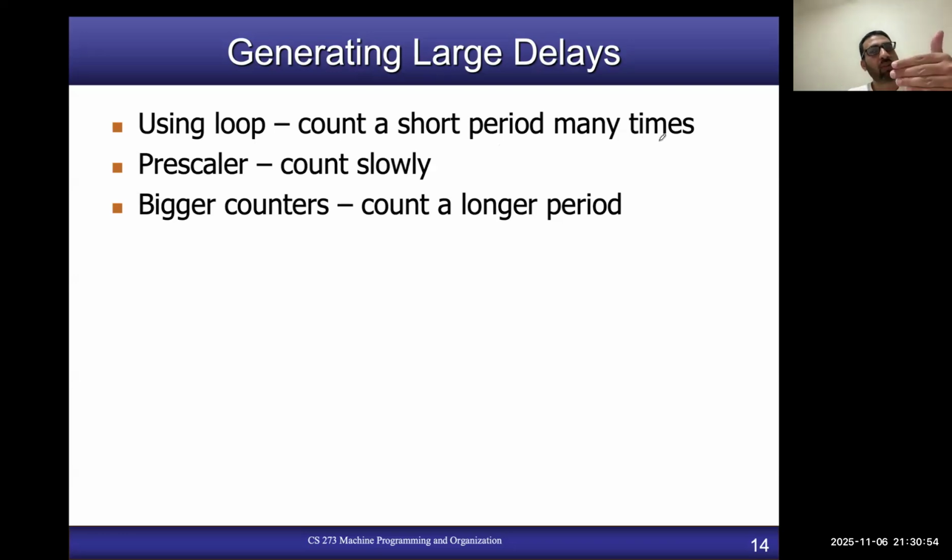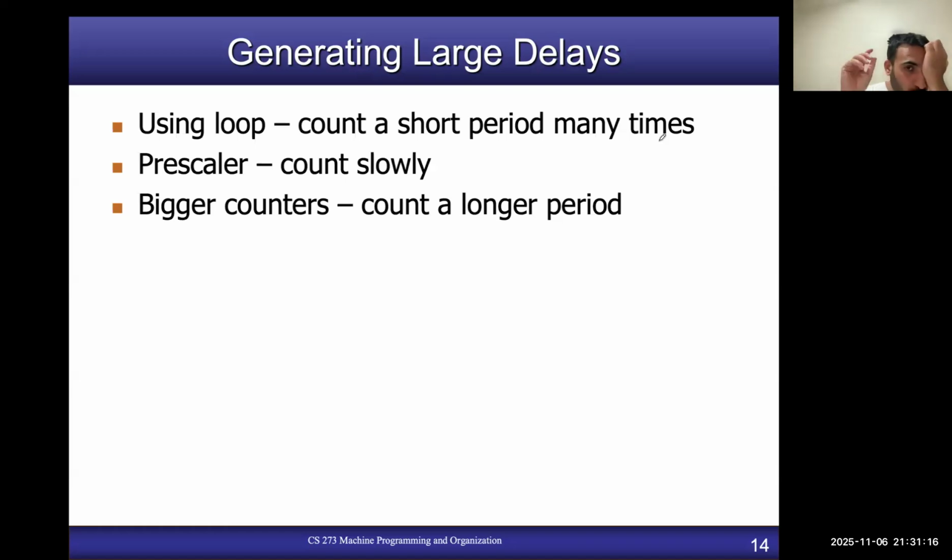In the previous example, as soon as the overflow happened, we toggled the output. This time we say, I will wait until two overflows happen and then toggle the output. Or you can wait for 10 overflows to happen and then toggle the output. So now you are generating longer delays before you toggle the output, right?